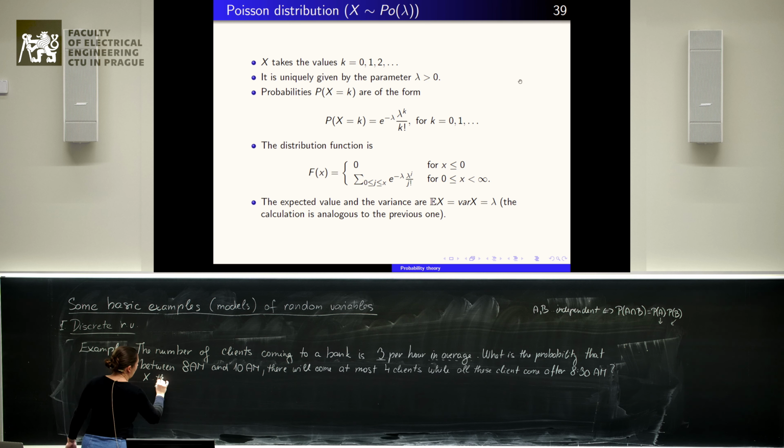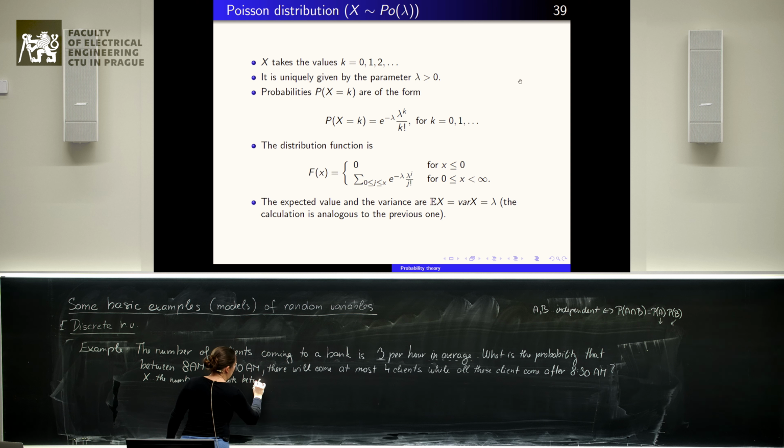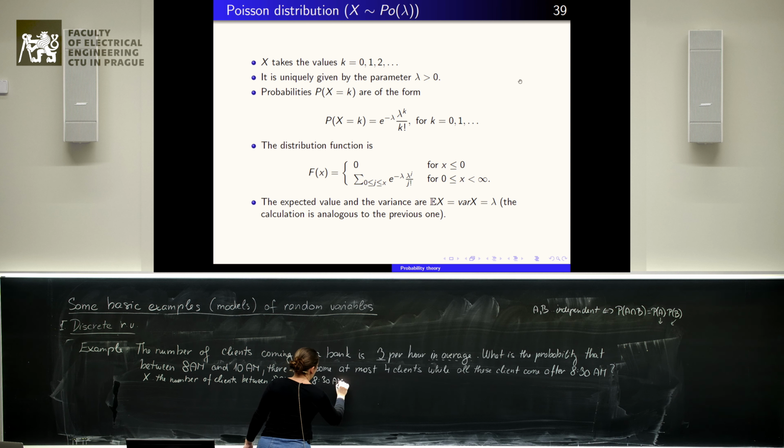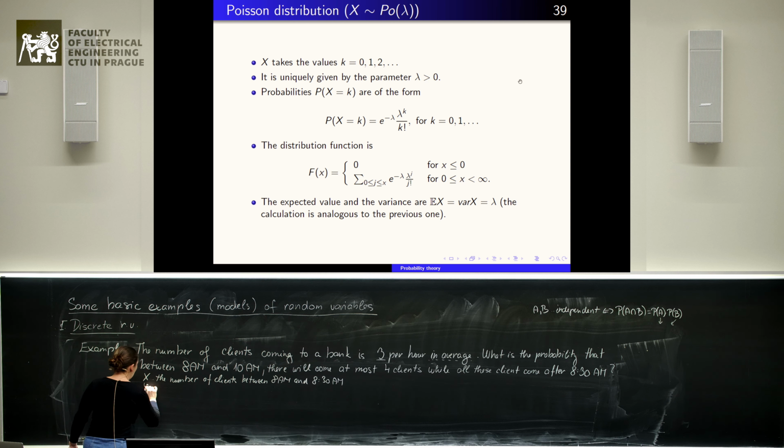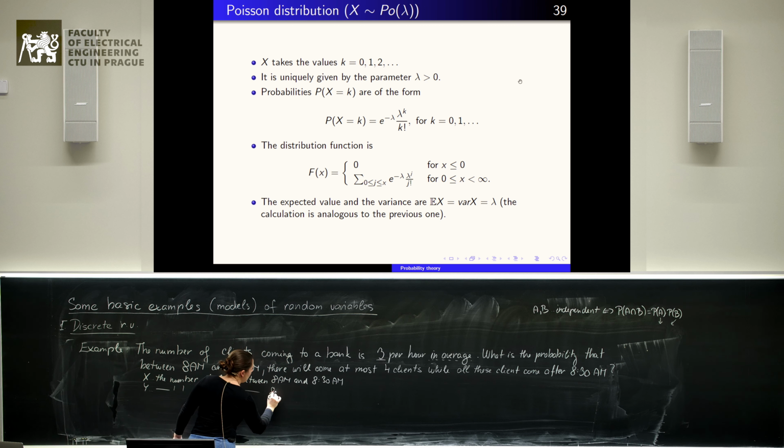So it means that here we denote X the number of clients between 8 and 8:30, and Y the number of clients between 8:30 and 10.